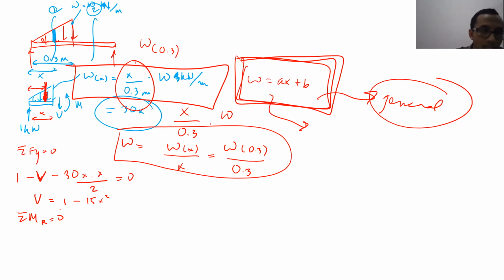Taking clockwise as positive, we have 1 kilonewton multiplied by x, then minus M, then minus the concentrated force here. The concentrated force, just now the value was 30x, multiplied by x divided by 2, which is 15x squared. That's the concentrated force.